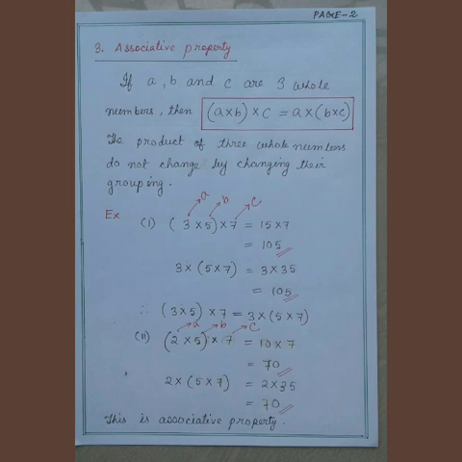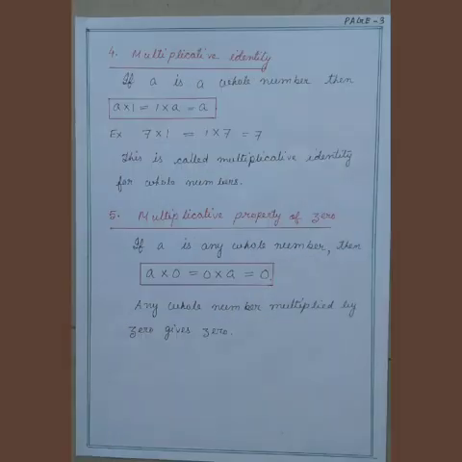In the second grouping, 2 into 5 into 7, 5 and 7 in one group. 5 into 7 is 35. 2 into 35 is 70. So here also both the quantities are same. This is known as the associative property of multiplication.